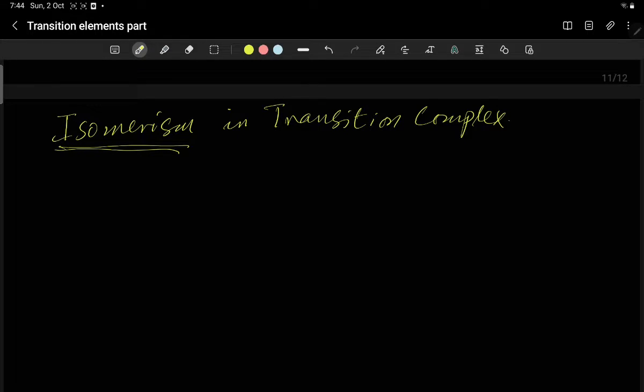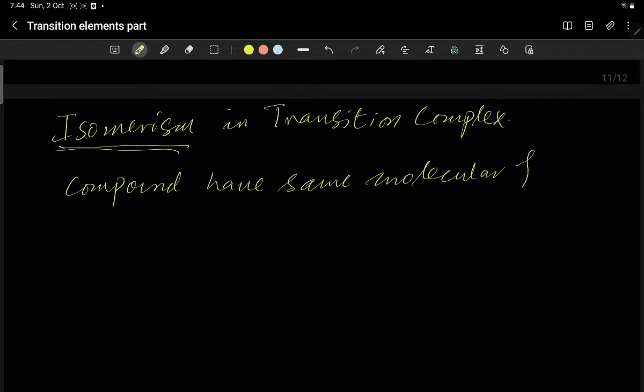We know the definition of isomerism: compounds having the same molecular formula but different structural formulas.